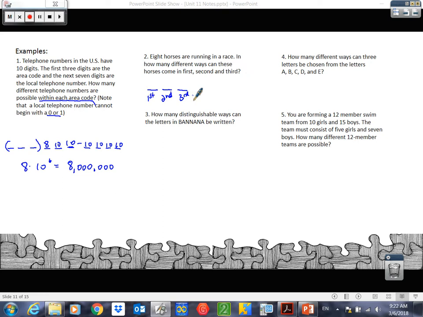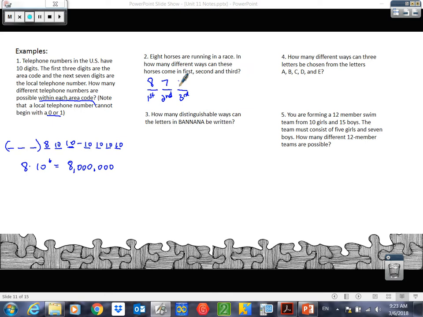So I have 8 horses. There are 8 possible horses that could be in first place, right? Now, one of them is in first place. It's not possible for a horse to be in first and second place. It's either first or second. So I don't have 8 horses anymore that could come in second place because one of them has already come in first place. That leaves me 7. I have 7 horses left that could be the second place finisher.